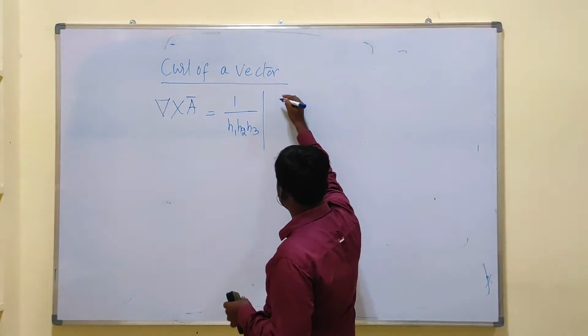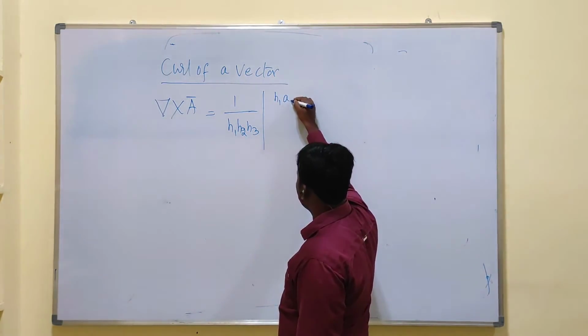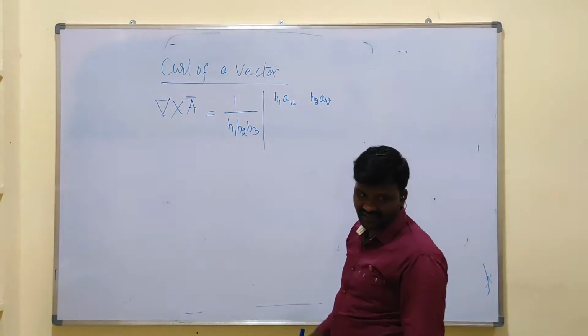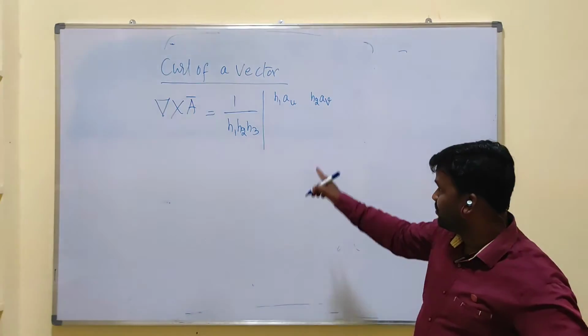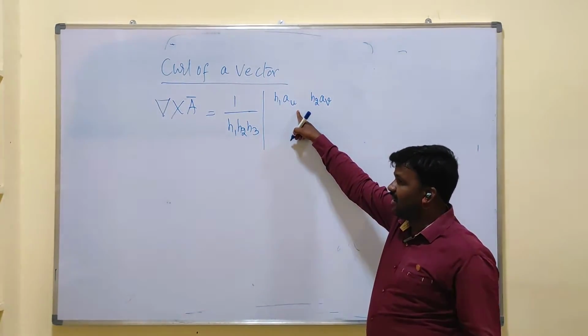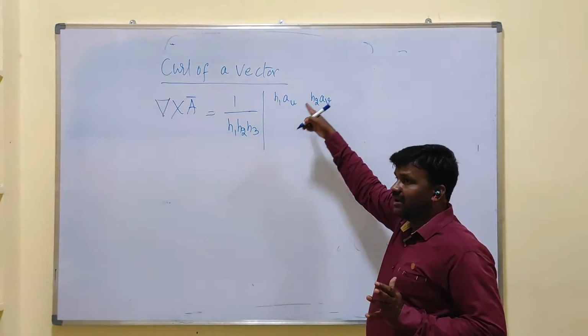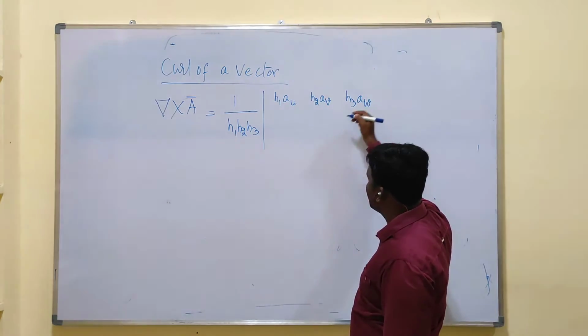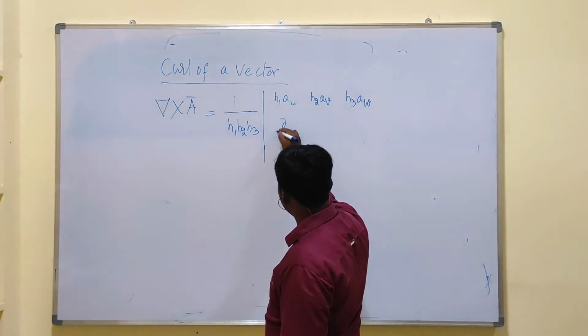Here it is H1 Au, H2 Av. Au means the unit vector along the u direction, meaning the unit vector along the first element in the given coordinate system. H3 Aw, and here ∂/∂u.